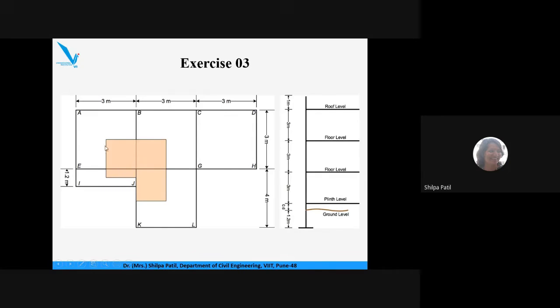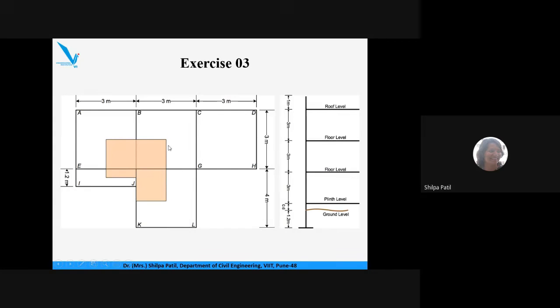So a quarter piece of the slab, its dimension will be half from this side and half from this side, so it is 1.5 by 1.5. So the load coming from slab S1 will be calculated for an area of 1.5 by 1.5 meter.